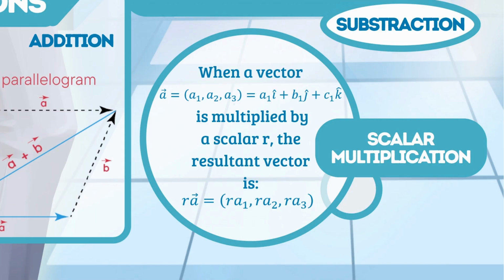So, when vector A equals (a1, a2, a3) is multiplied by a scalar r, the resultant vector is r times A equals (r times a1, r times a2, r times a3).